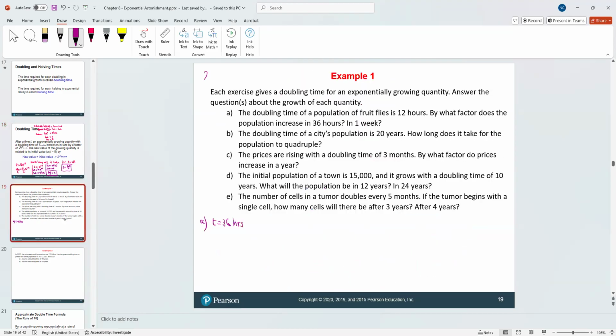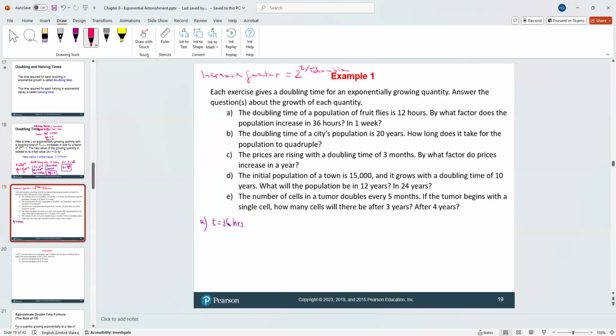Let's call it a doubling factor. With a doubling time of T, it will increase by the increase factor, which we said is 2 to the power small t divided by capital T double. If we do that for this example, they said the doubling time of a population of fruit flies is 12 hours.